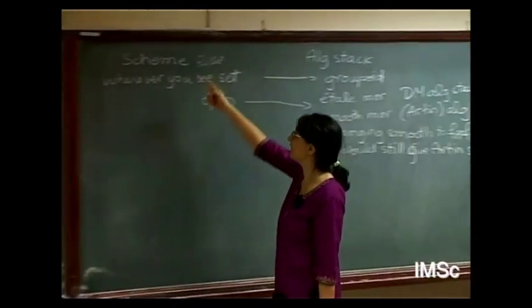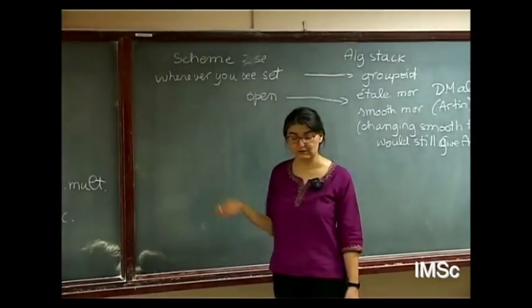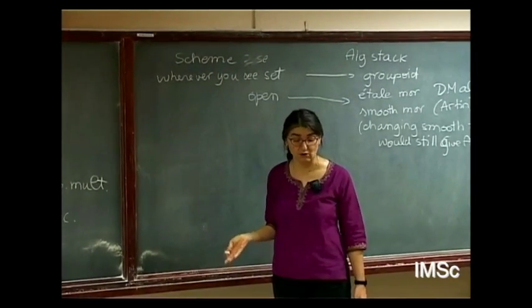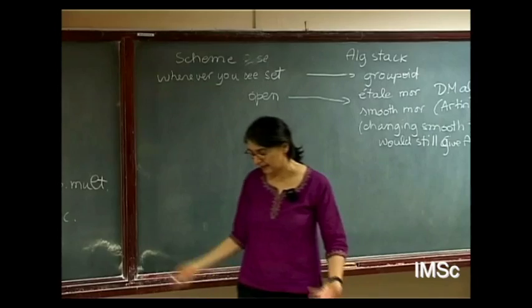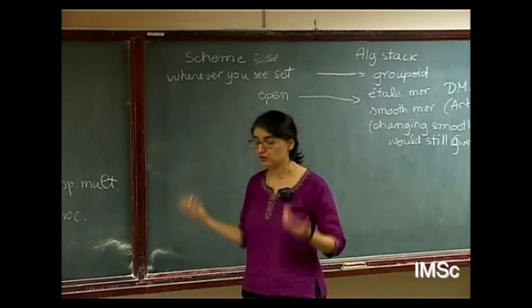So there is no need to, because you don't get anything more general. So, of course, in the definition of scheme, where do you see set and where do you see open?